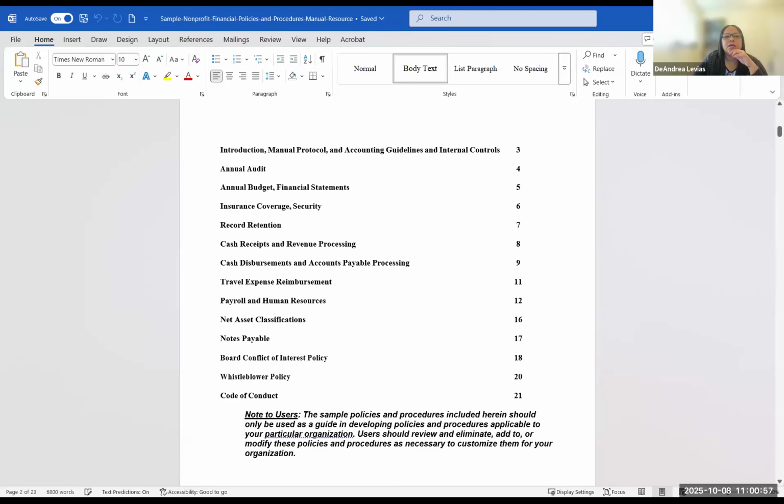I actually wanted to go, I have a sample financial policy manual that I will share, and you guys will get a copy of this as well. So this has all of the different items that are required by your county contract.